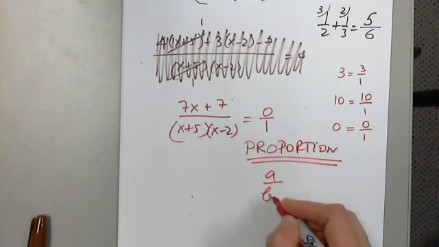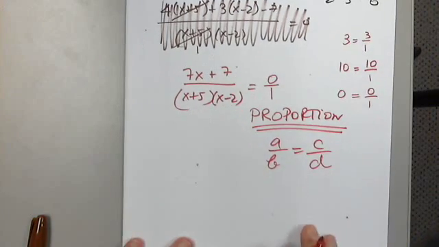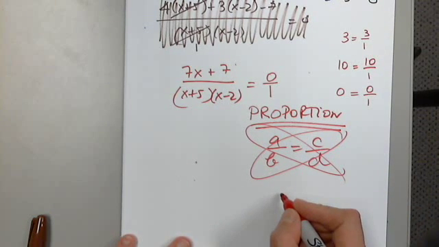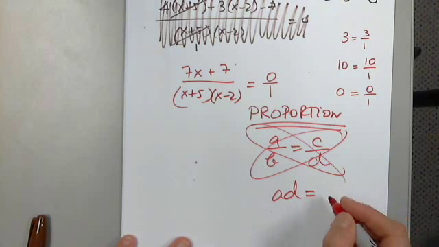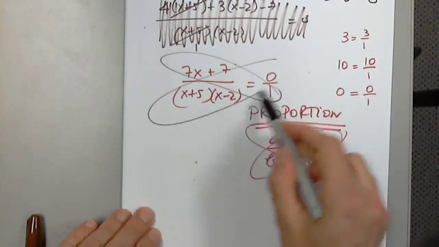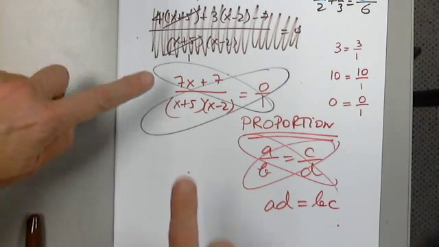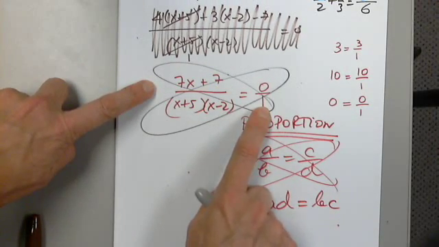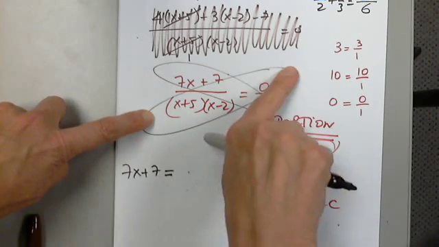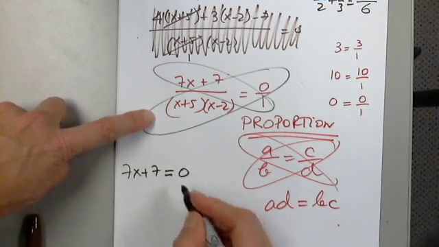So A divided by B equals C divided by D is the same as, very good, equals, awesome. Perfect. This is what I want you to tell me now. What do I do? What is my next step? This times this equals this times this. Awesome.